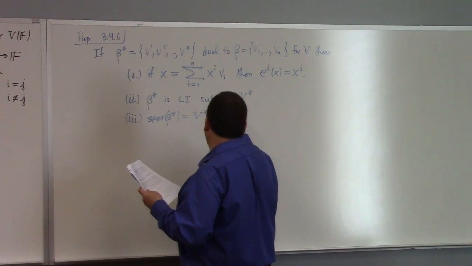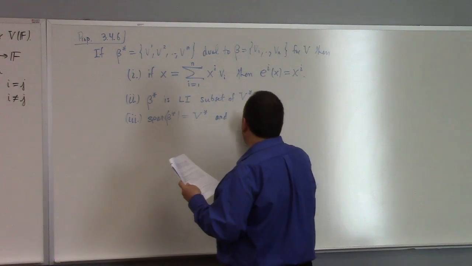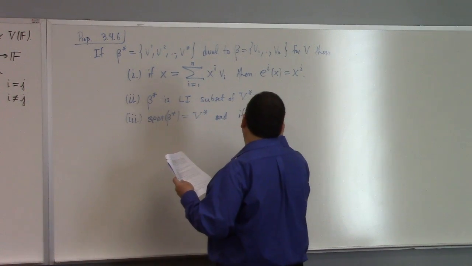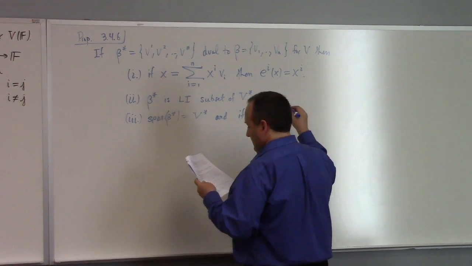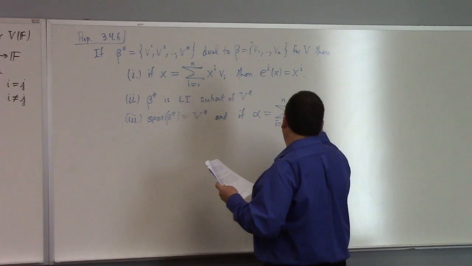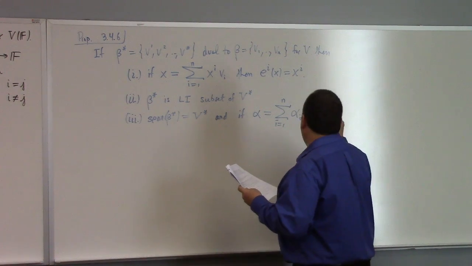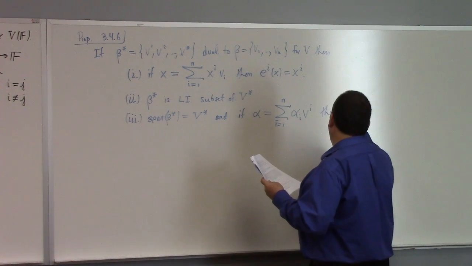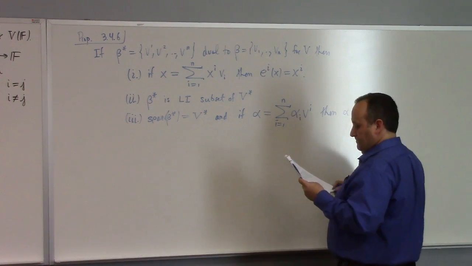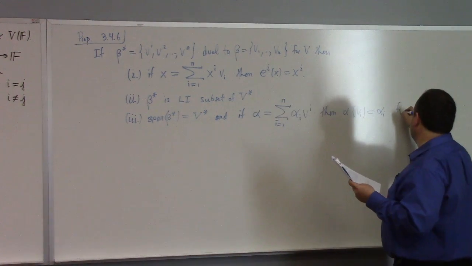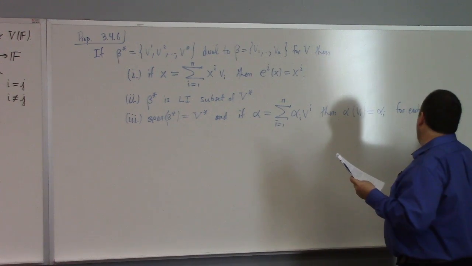And if alpha is equal to the sum i equals 1 to n of alpha i v upper i, then alpha acting on v lower i is equal to alpha sub i for each alpha in V dual.